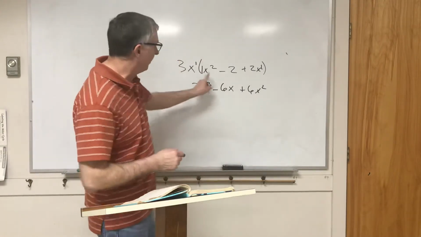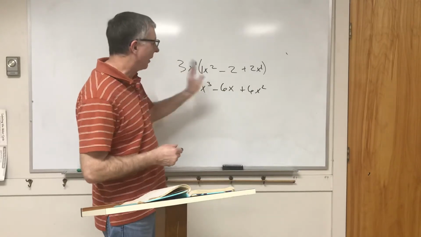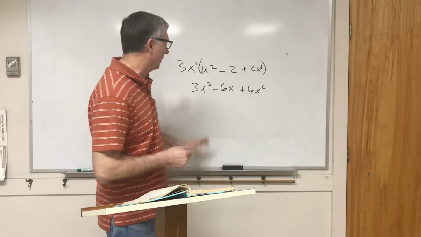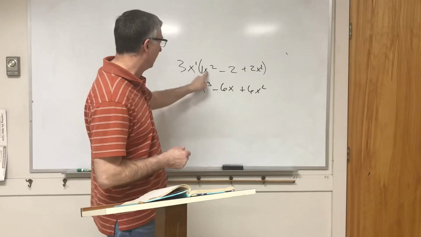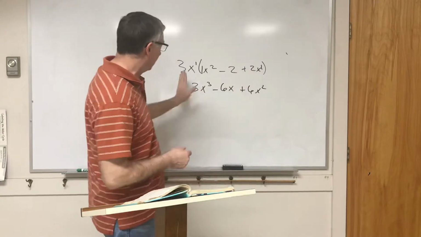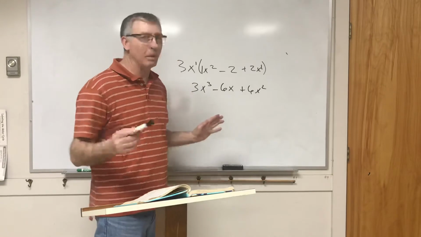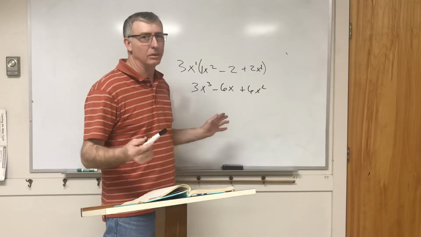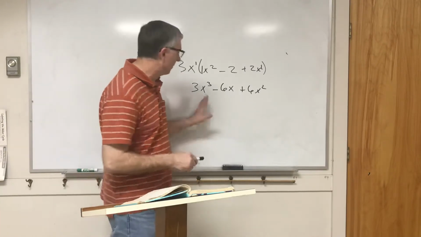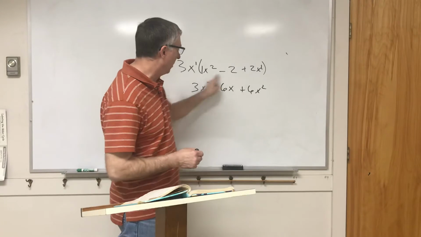Whenever you have the distributive function, your answer should have the same number of terms as what's inside parentheses, because you go this times this, then this times this, then this times this. And so I should end up with 3 terms. If I don't end up with 3 terms, something's wrong. In this book, you should not have to combine any more terms.